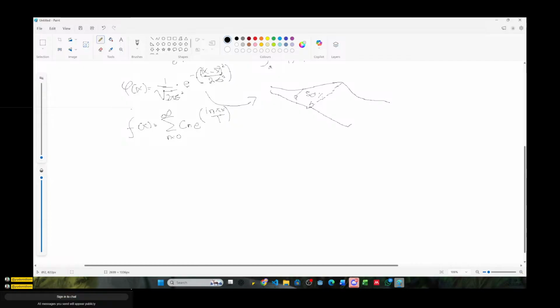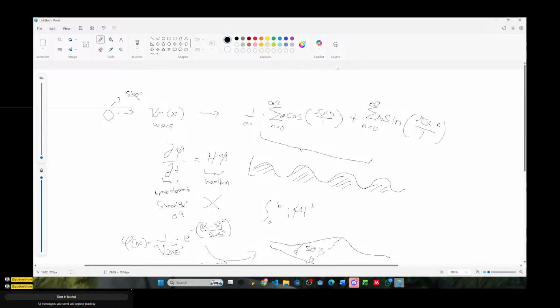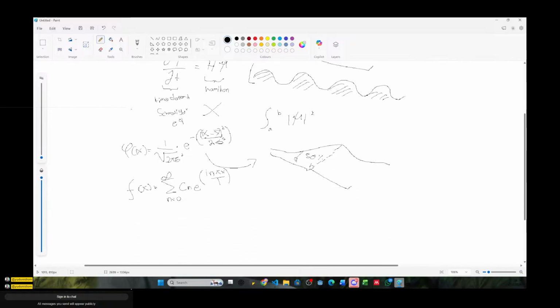Okay, this is the time periodic Gaussian wave figures. There is no time periodic here because there is no time here.